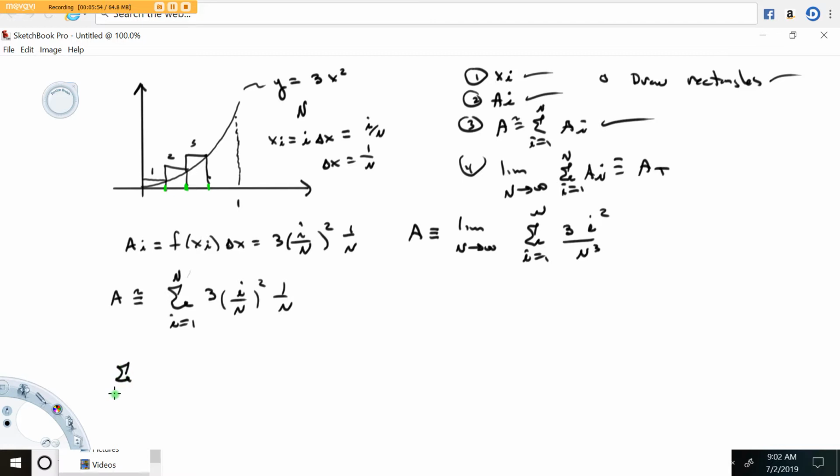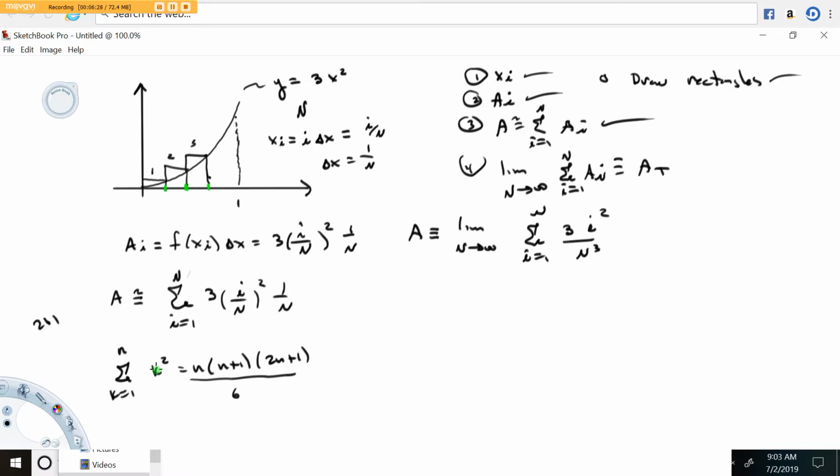The sum from k equals 1 to n of k squared, and the reason I'm looking for k squared is we have this i squared here, is equal to n times n plus 1 times 2n plus 1 over 6. And again, if you're in my current class right now, that's on page 261 of the textbook we're using. And there are other formulas for the sum of k cubed and the sum of just k's on the previous page.